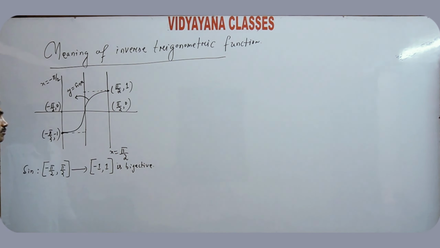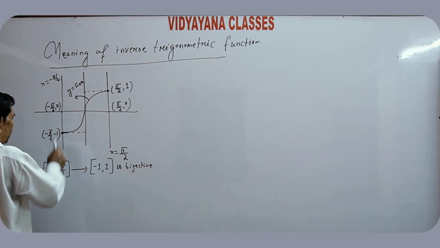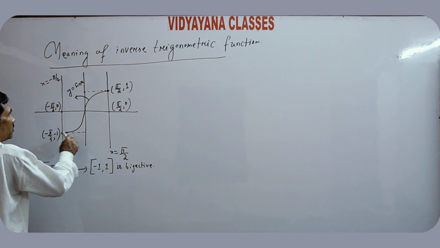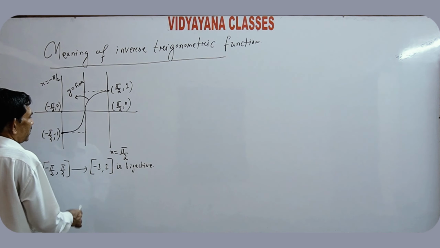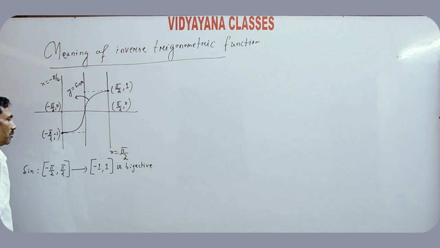In the first class of inverse trigonometric function, we have discussed the sine function defined from this set to this set is bijective. Since the function is 1-1 and onto, in this interval the function is increasing. Every increasing function is 1-1. Since the range of the function is equal to codomain set, it is onto.